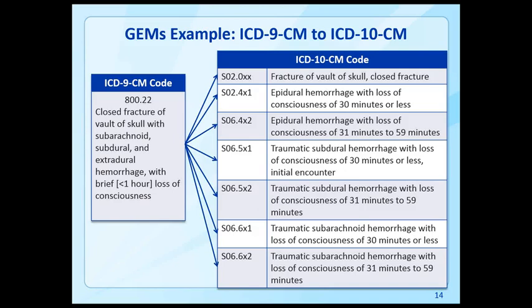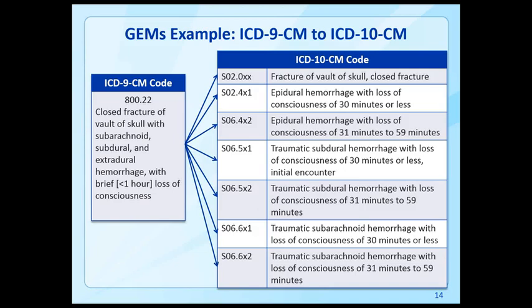So you can see then those same examples follow through for S06.5 for the traumatic subdural hemorrhage, as well as S06.6 for the traumatic subarachnoid hemorrhage. So you can see that it wouldn't be a one-to-one match. You would have to, in ICD-10-CM, to code this equivalent diagnosis, code first the fracture, and then the specific hemorrhage with the appropriate amount of loss of consciousness.